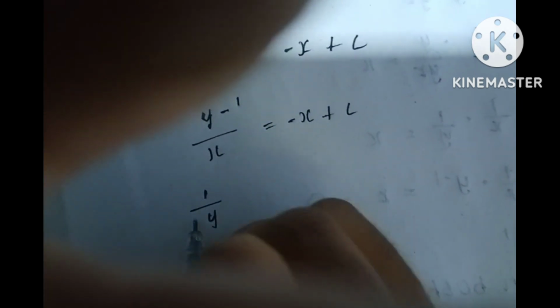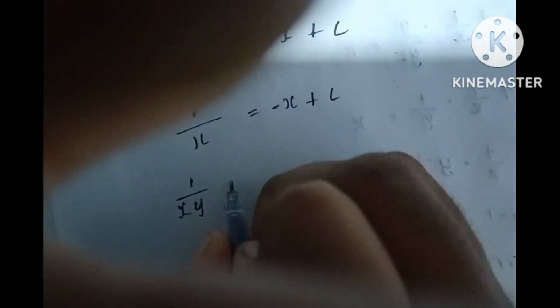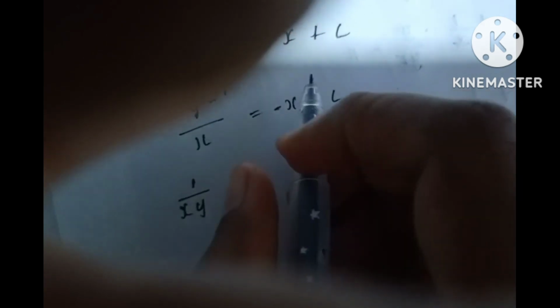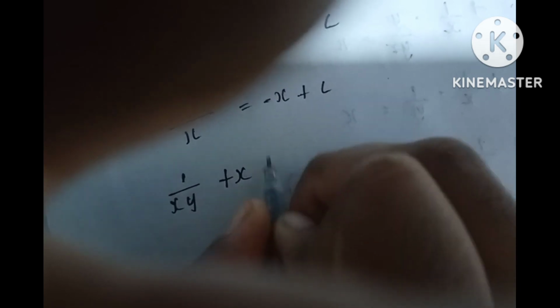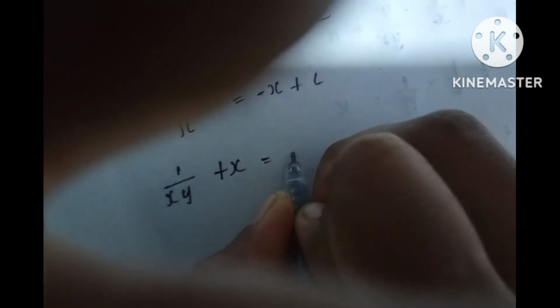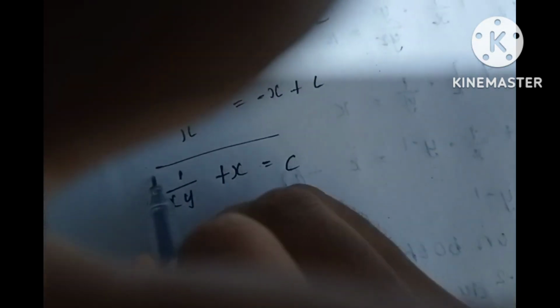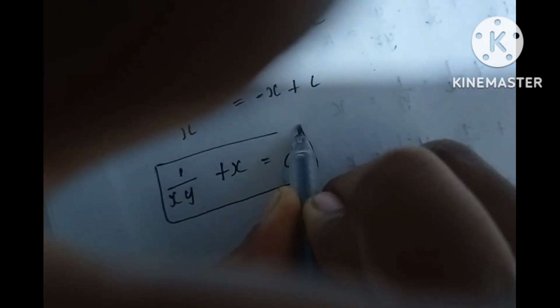The remaining part, minus x, goes to the left side and changes symbol. So 1 by xy plus x is equal to c. This is the form: 1 by xy plus x is equal to c.